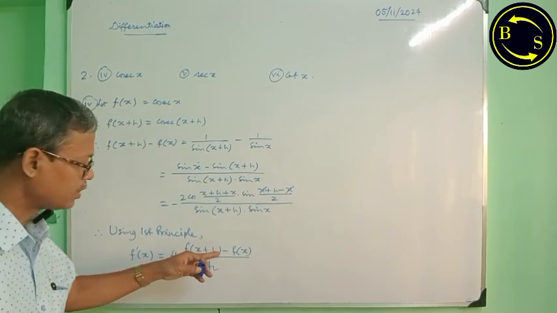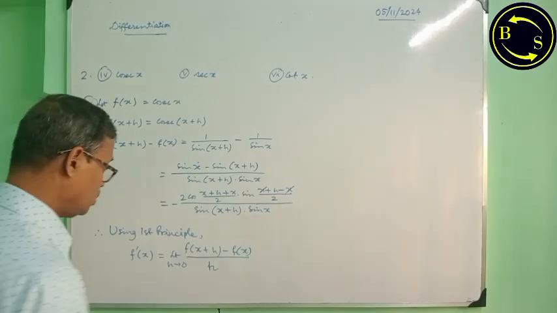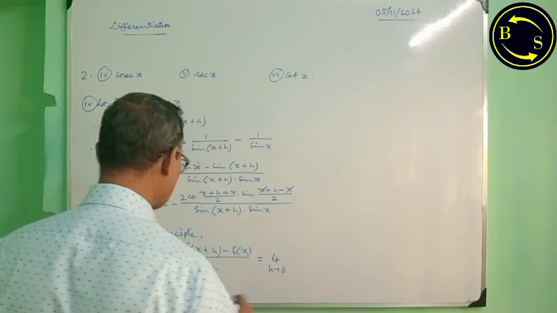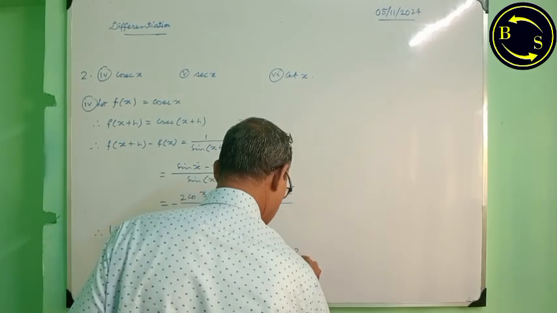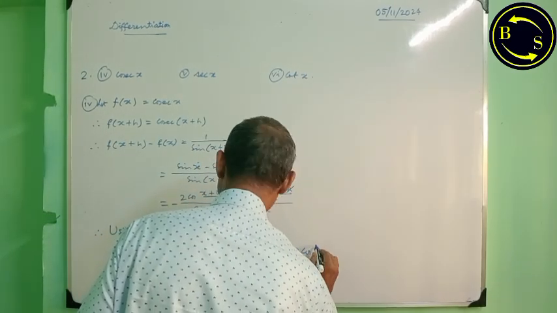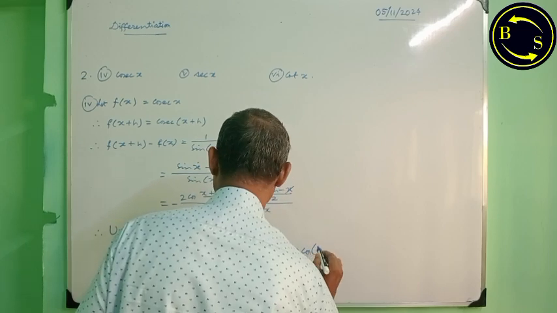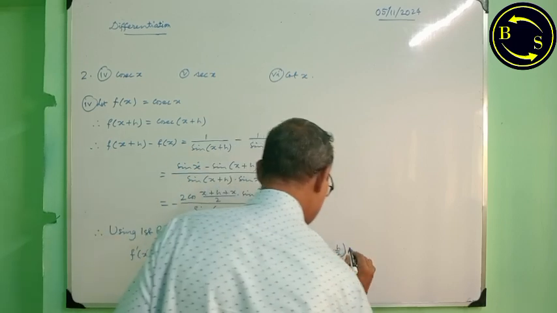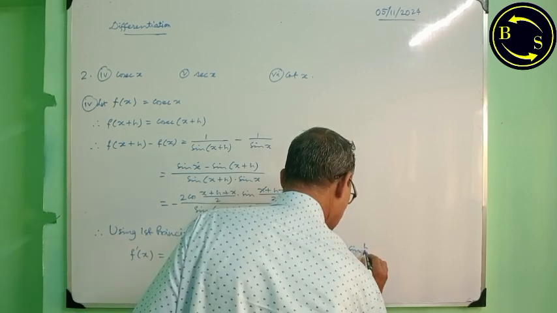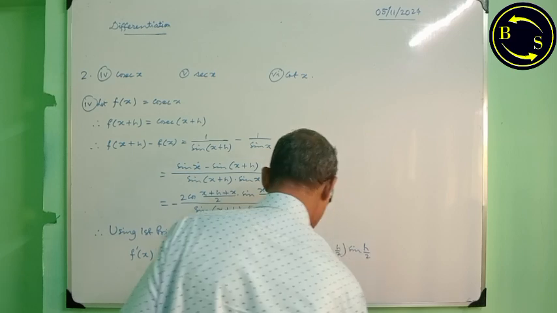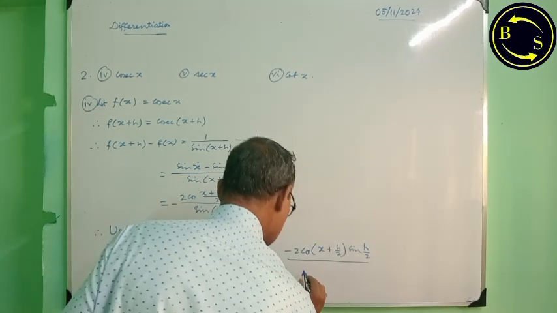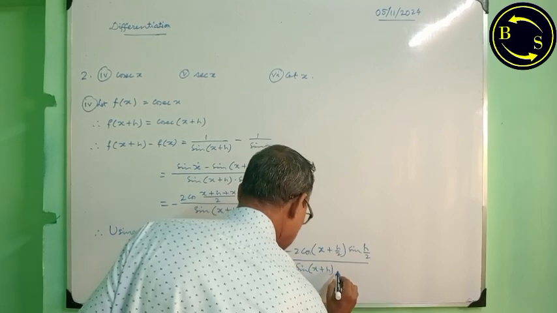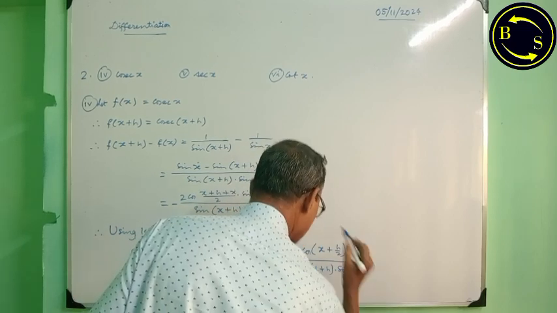Now, in place of f of x plus h minus f x, I put this value: limit h tends to 0 of minus 2 cosine of (x plus h) by 2 into sine of h by 2, divided by sine of x plus h into sine x.